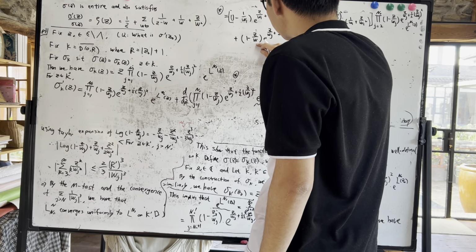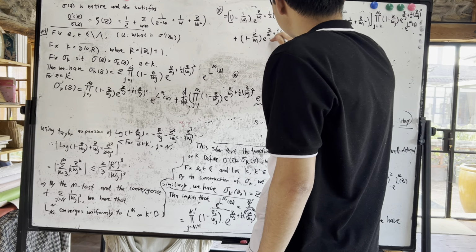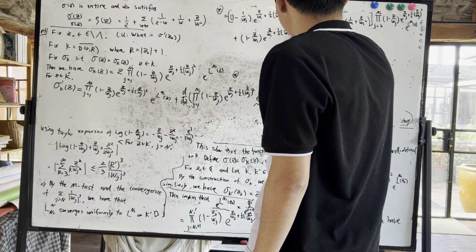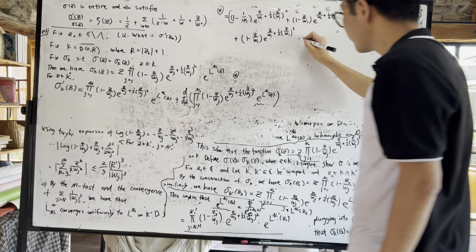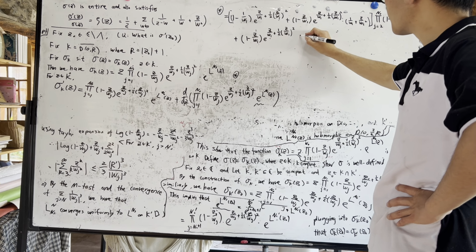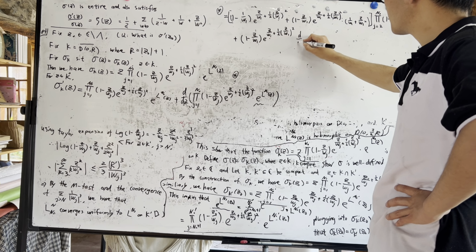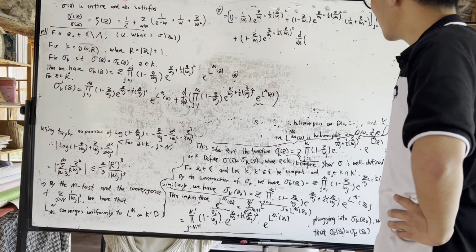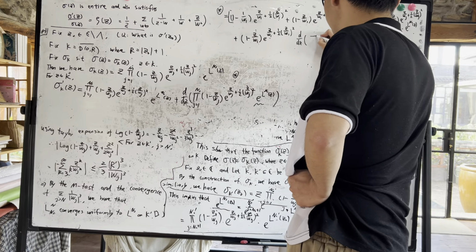Shoot, the first term is omega equal to 1. So omega 1, z over omega 1 squared. So this is the first term, and then times the derivative of the rest.